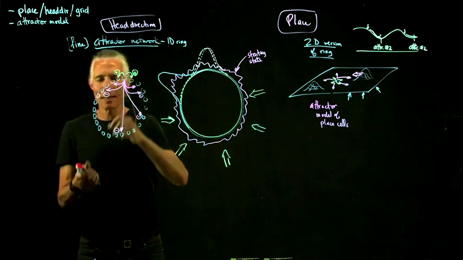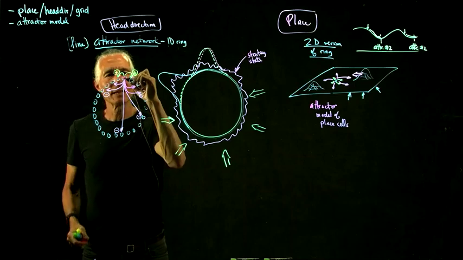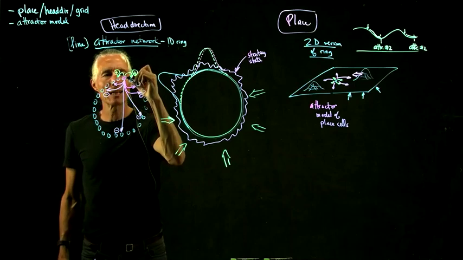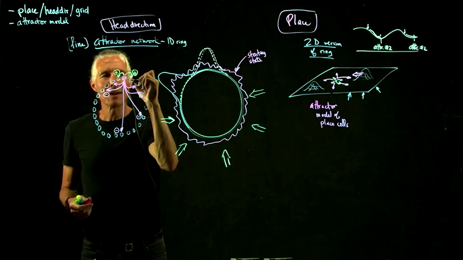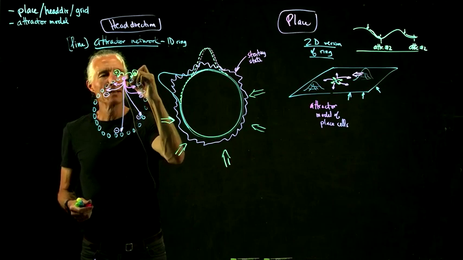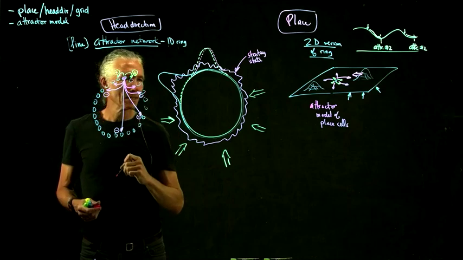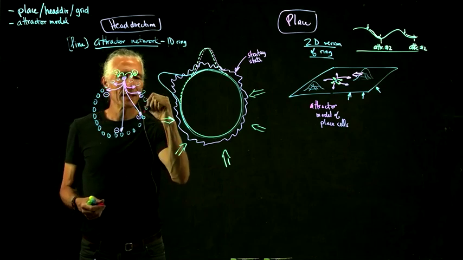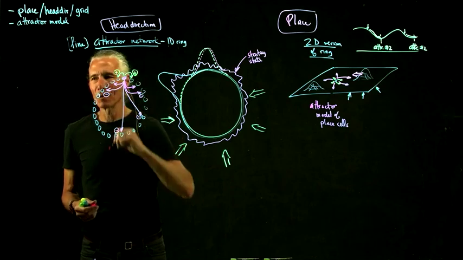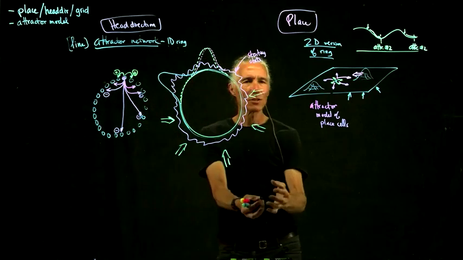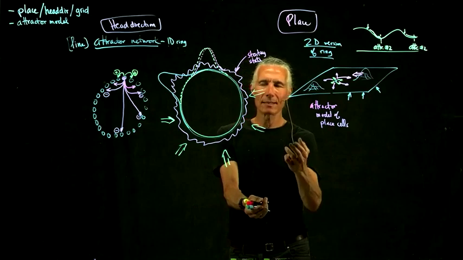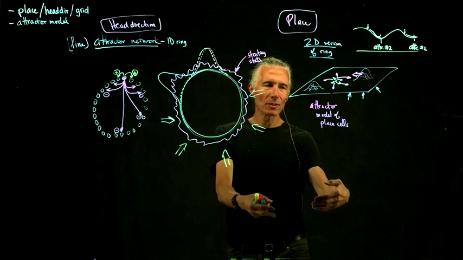It just needs that this guy is being excited, and because this guy's being excited, it's exciting its neighbors. They in turn excite it back, and then they're inhibiting everybody else. And because they're inhibiting everybody else, those guys can't come back and inhibit you because you turned them off. So it's basically a winner-take-all thing, where whoever's the biggest goes up to maximum and everybody else gets turned down.